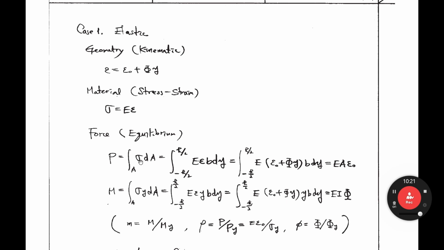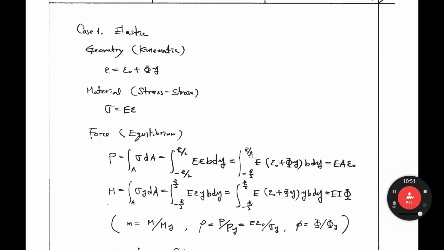Sigma equals E epsilon. Okay, that's the equation. Your geometry, epsilon equals epsilon 0 plus curvature times y. So you use the kinematic equation here, and you use the material equation here, right?